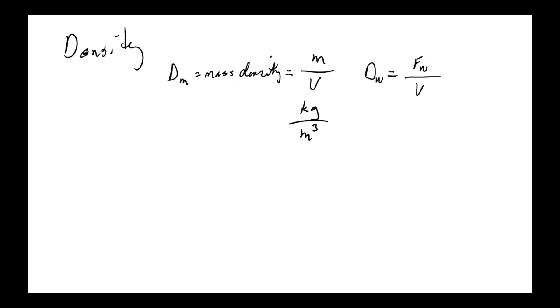It takes 1,000,000 cubic centimeters to make a cubic meter, because you got 100 centimeters this way, 100 centimeters that way, 100 centimeters that way, meter by meter by meter. That's 1,000,000 cubic centimeters. 1,000,000 grams would be 1,000 kilograms, and 1,000 kilograms is 1 metric ton.